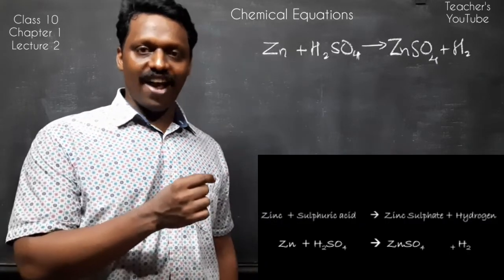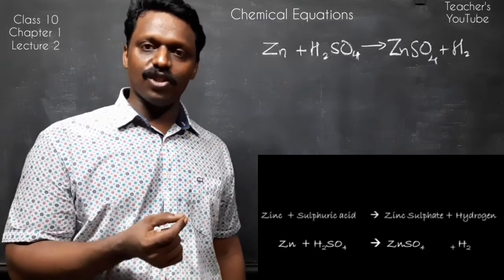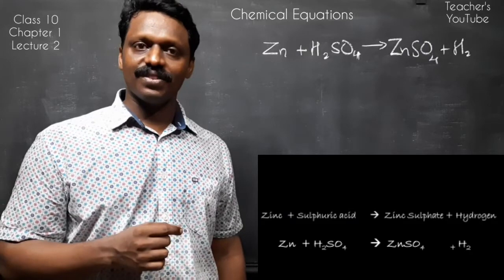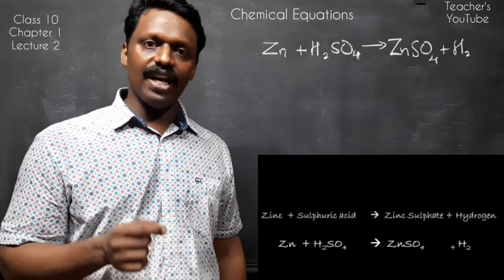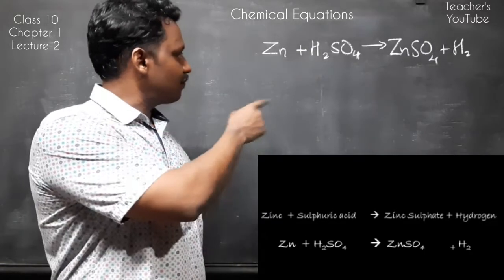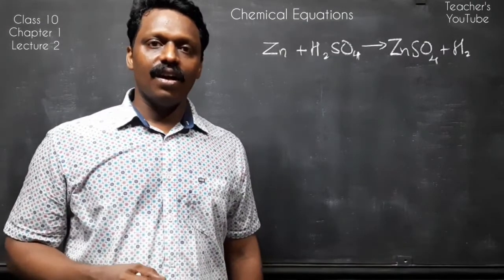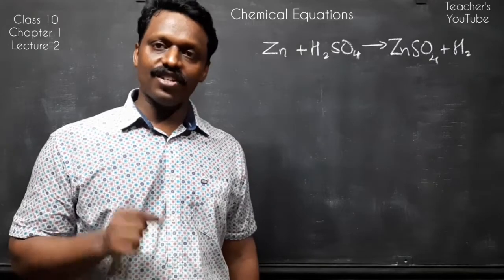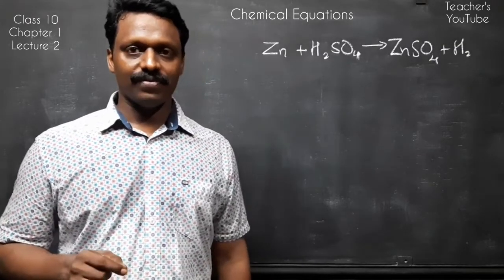So zinc reacts with dilute sulfuric acid to give zinc sulfate and hydrogen. This can be written in equation form as Zn plus H2SO4 gives ZnSO4 plus H2. Let us count the number of atoms of all the elements in the reactants and products separately.